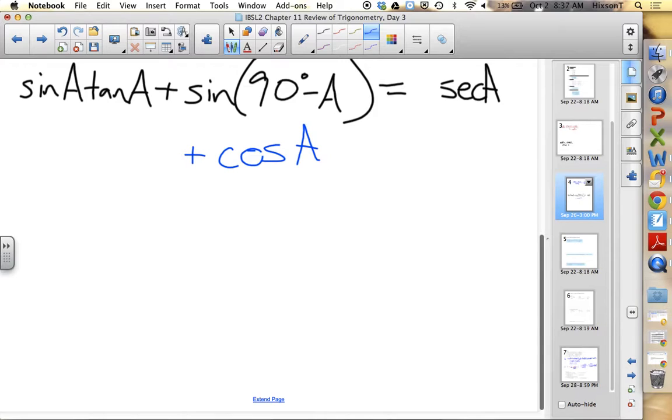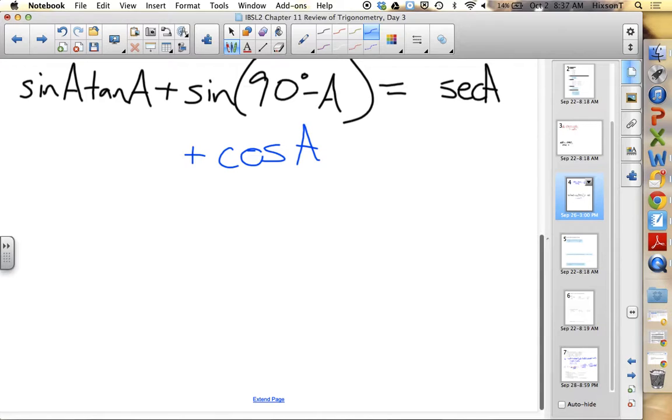No. All you're given is that tangent is sine over cosine, sine squared plus cosine squared equals 1, and then you are given all of the double angle formulas. But the rest of them you gotta know. Alright, so that's good with the sine of 90 minus A equals cosine of A.